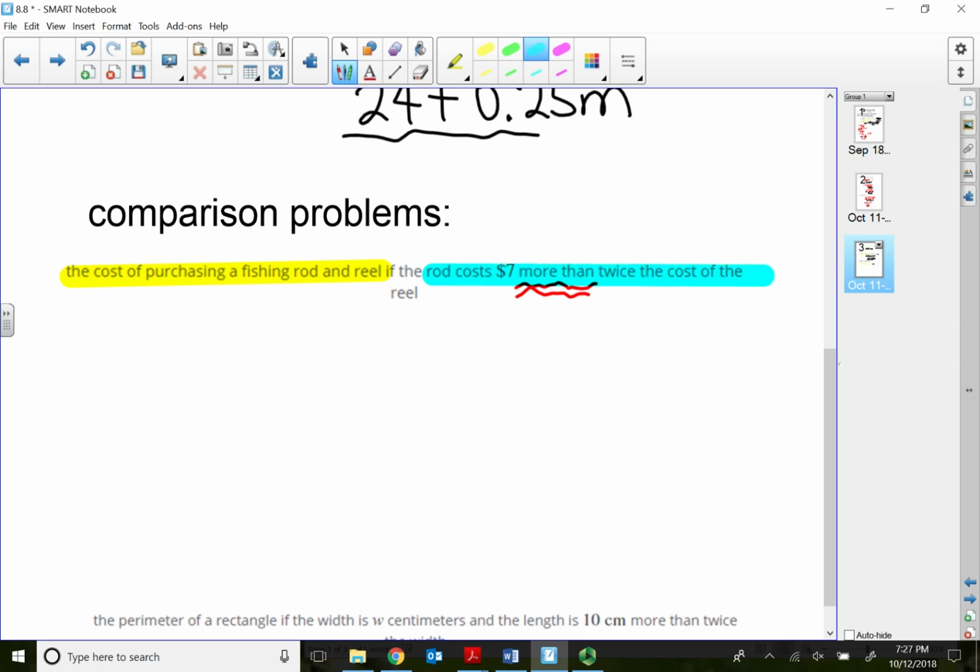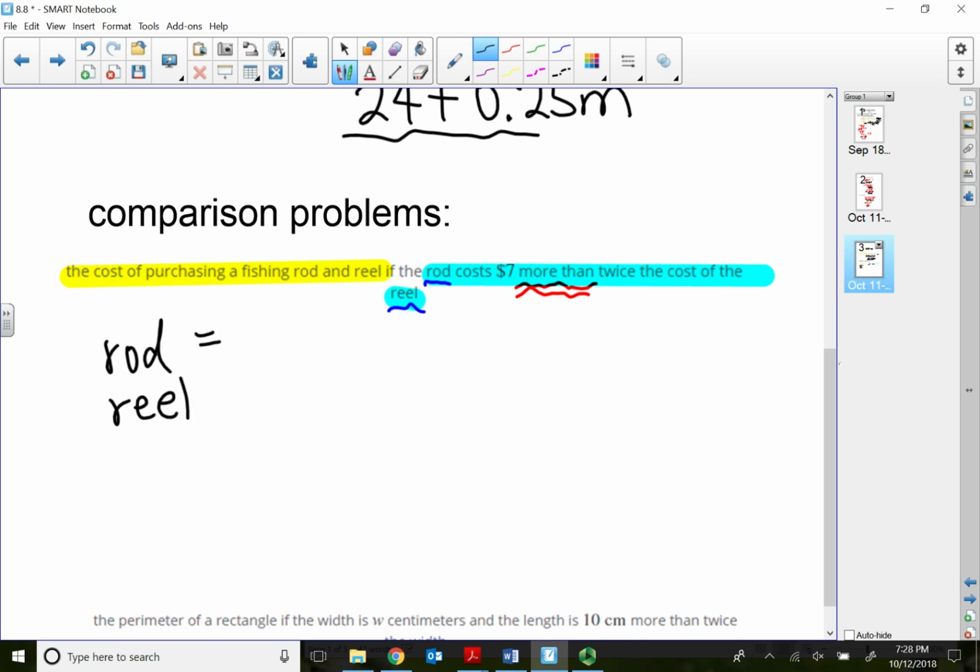Well, it turns out it's the rod. The rod is $7 more than twice of the reel. So that means my two items are rod and reel.